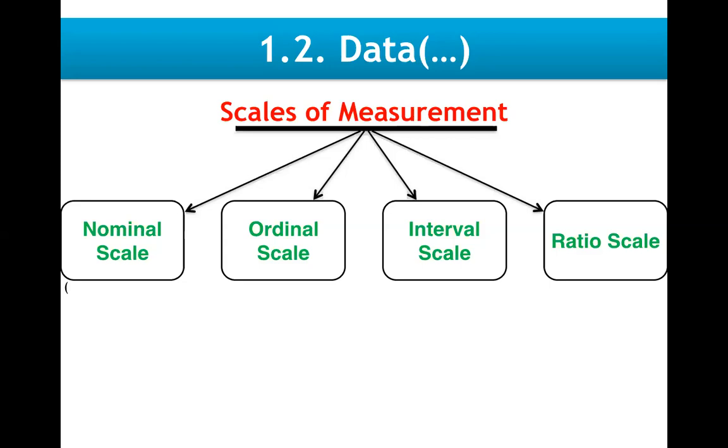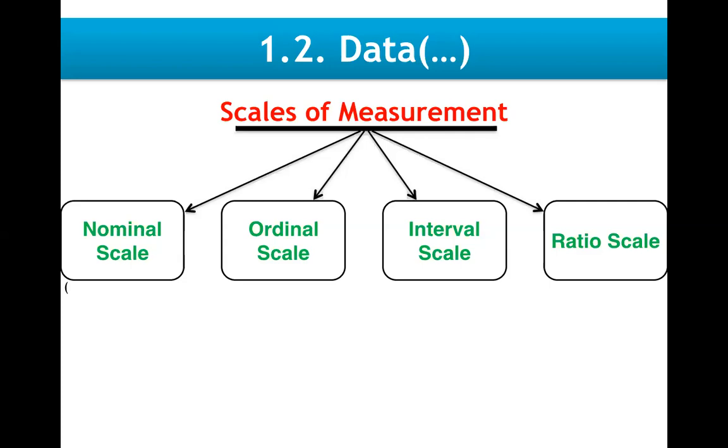It could be nominal scale, ordinal scale, interval scale, or ratio scale. The scale of measurement determines the amount of information contained in the data, and it indicates the most appropriate data summarization and statistical analysis, right?